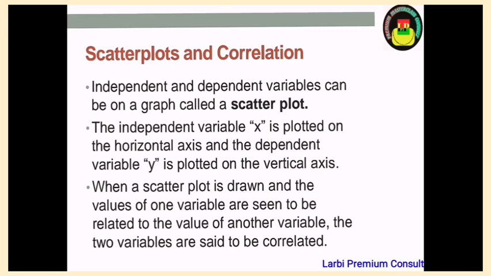From the scatter plot, you can know that there's probably a direct relationship between x and y, or an inverse relationship, or there is no relationship between the two variables. It is through this scatter diagram that we know what relationship exists between two or more variables. So that is a scatter plot or a scatter diagram.